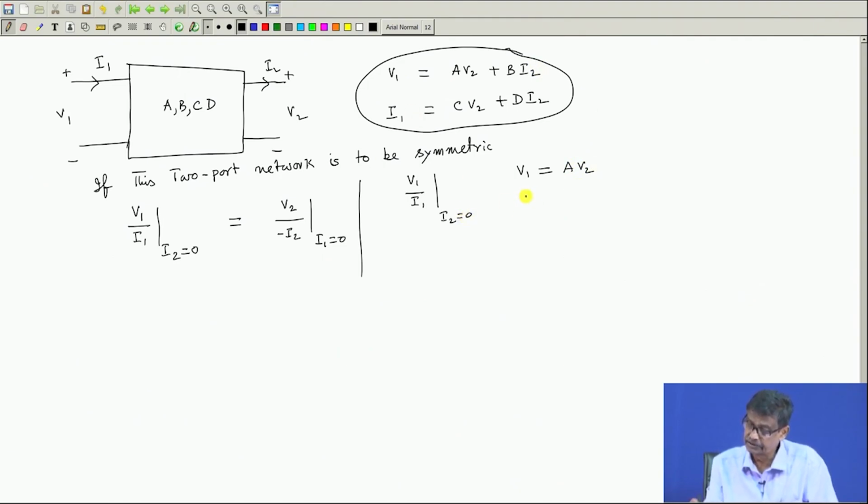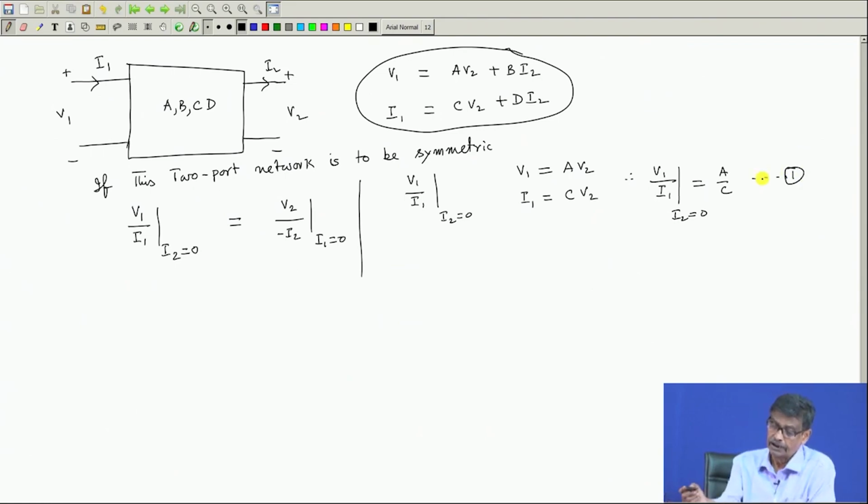From the second equation, for this same condition, you will get I 1 equal to C V 2. Therefore, you just divide these two and you get the desired result: V 1 by I 1 with I 2 equal to 0 will be equal to A by C. I keep this result with me.